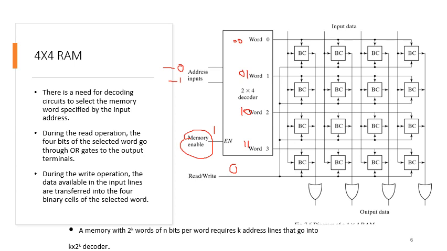So we've got 0 at the output of this decoder line, we've also got 0 at the output of this one, we've got 1 at the output line of this decoder, and we've got 0 here. This clearly means that all those basic cells connected with these lines are not selected, so they are not contributing.